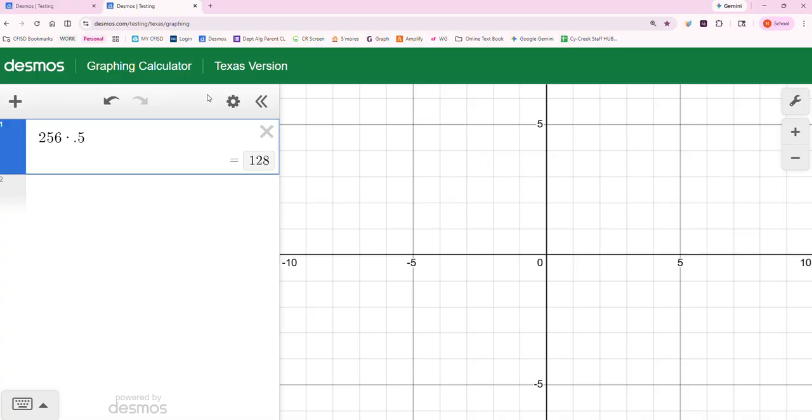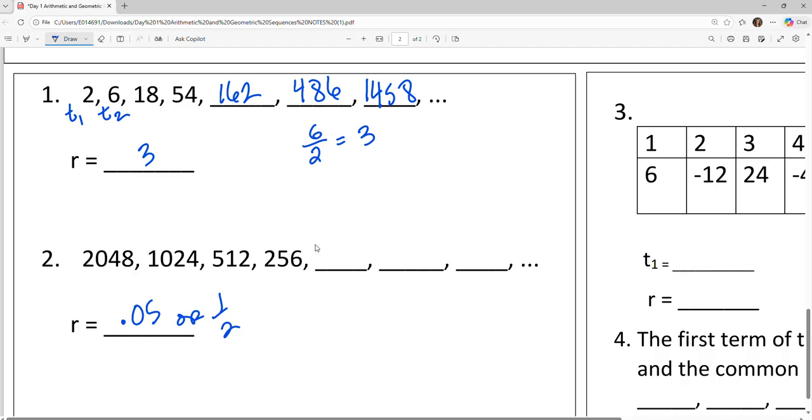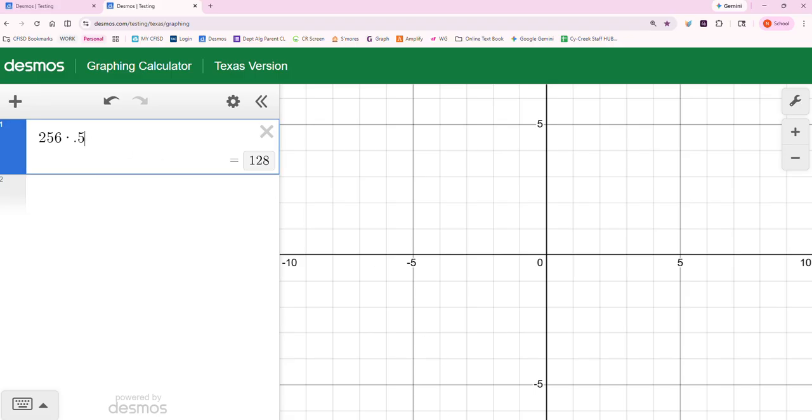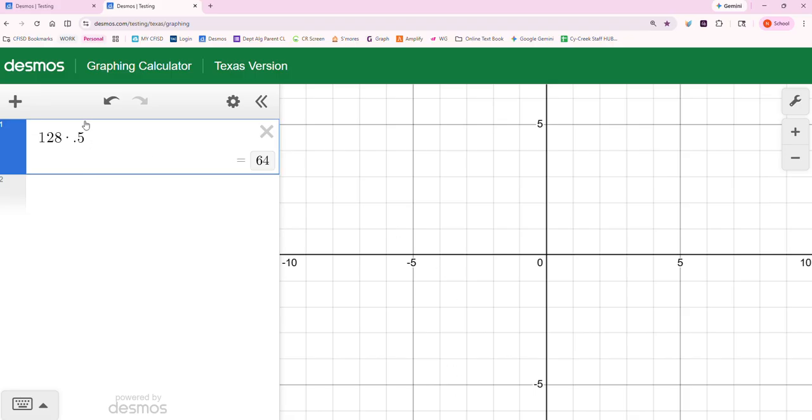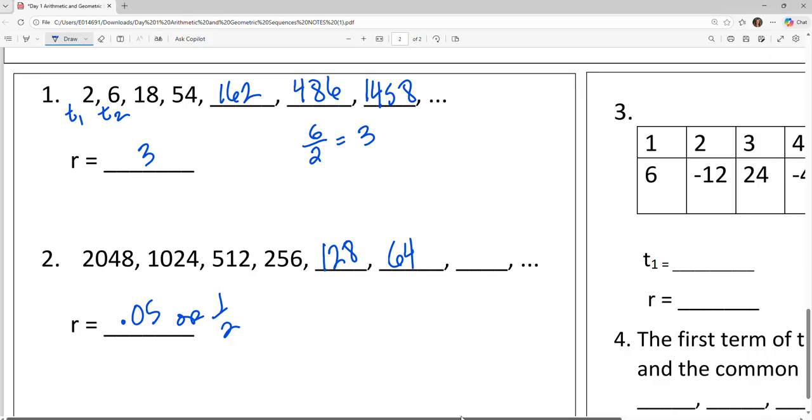That's going to give me 128. I'm going to take 128 times a half. That gives me 64. I'm going to take 64 times a half. That gives me 32.